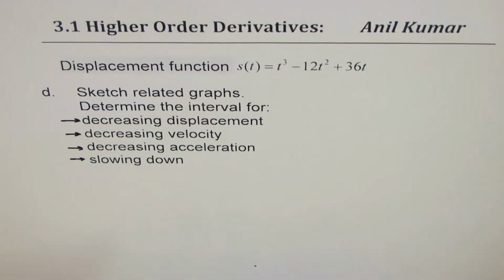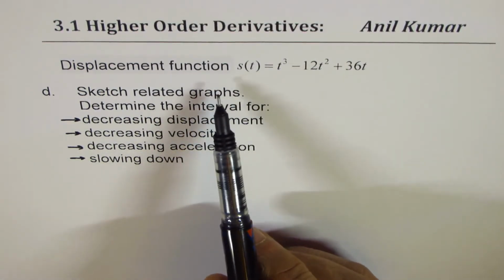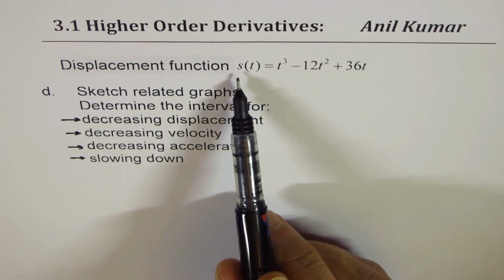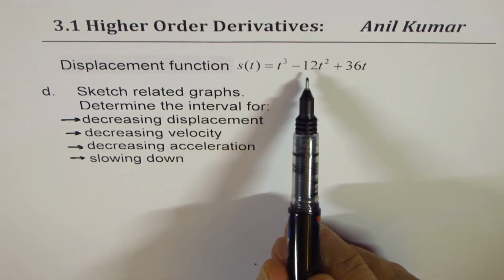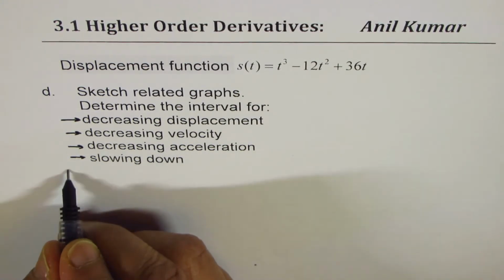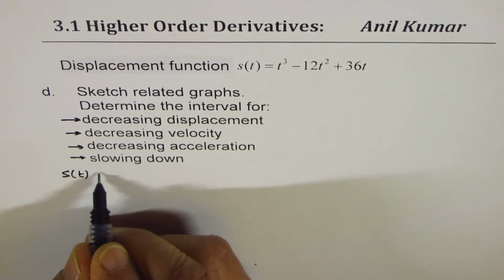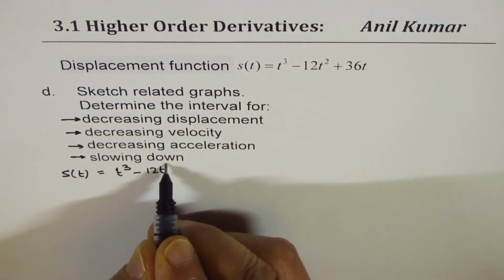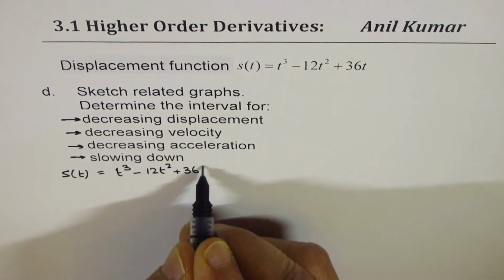Now we will try to understand how to sketch graph from the given function. Here the function is S of t equals to t cube minus 12t square plus 36t. Now, displacement, let me write down all the equations, which is t cube minus 12t square plus 36t.